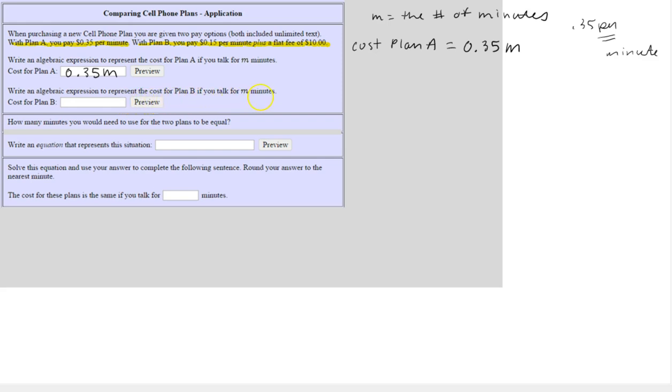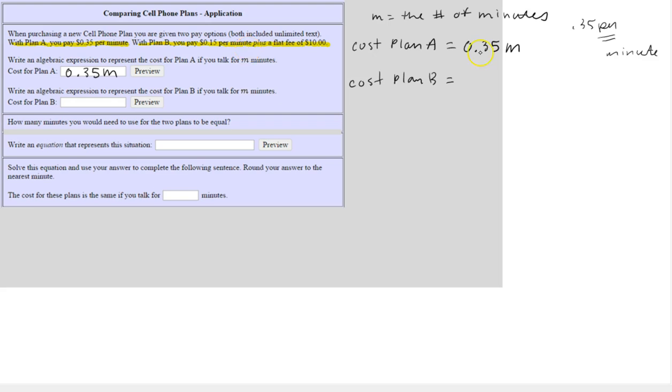Now in the next one it says write an algebraic expression to represent the cost for Plan B if you talk m minutes. So we're using the same letter here, m, which equals the number of minutes, but now we're looking at the cost of Plan B. The cost for Plan B was 15 cents per minute.